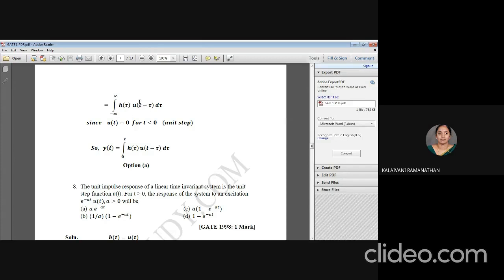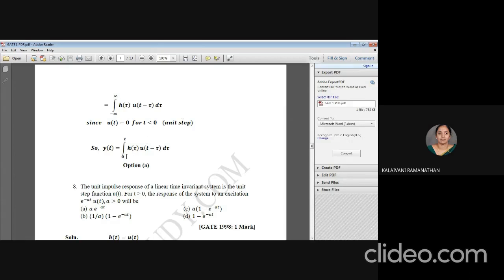But here you have t minus tau, and the limits are with respect to tau. So u of t minus tau is equivalent to 1 for t minus tau greater than or equal to 0. So t should be greater than or equal to tau, or tau should be less than or equal to t.